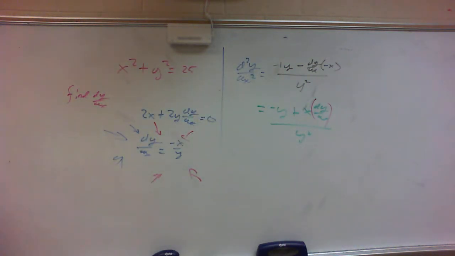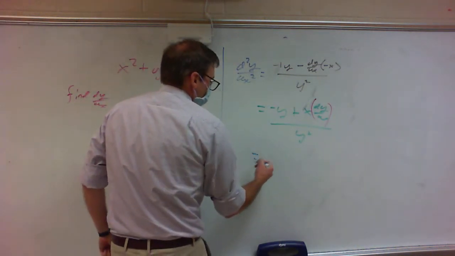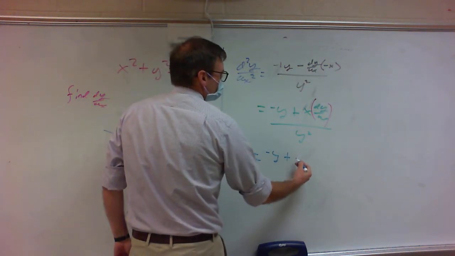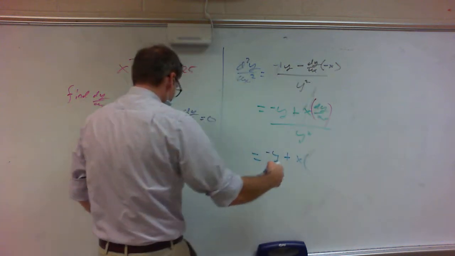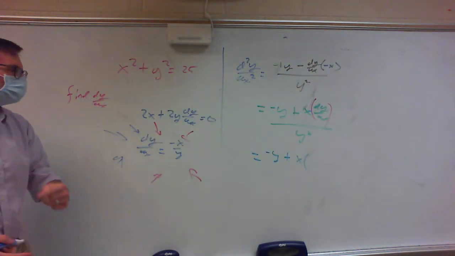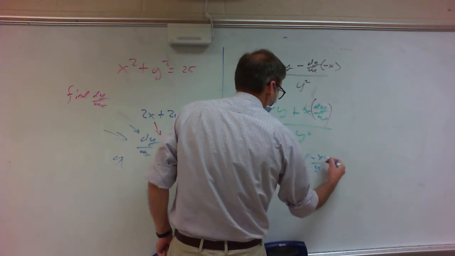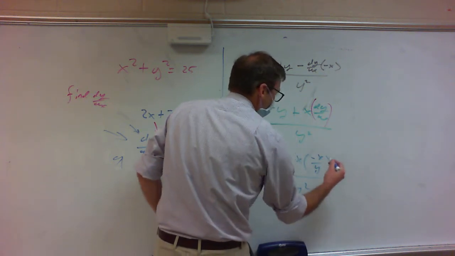So that's going to give me -y plus x, but instead of dy/dx, I get to write down what it equals, which is -x over y, all over y squared.